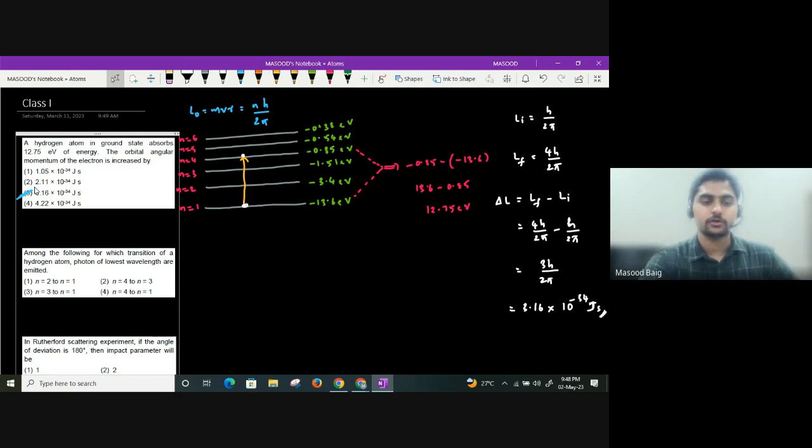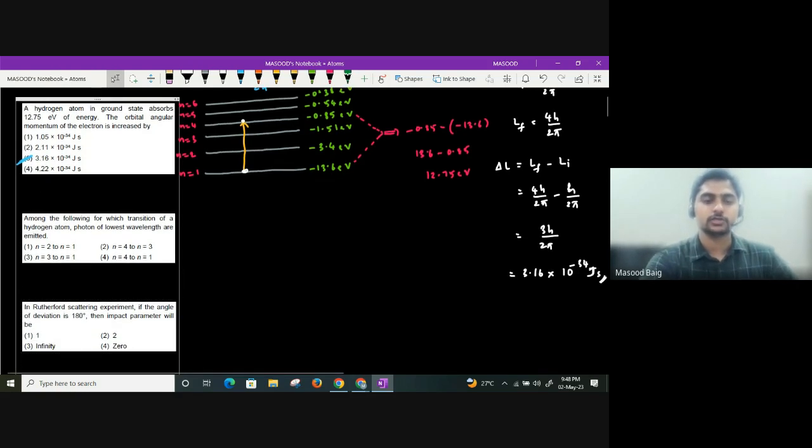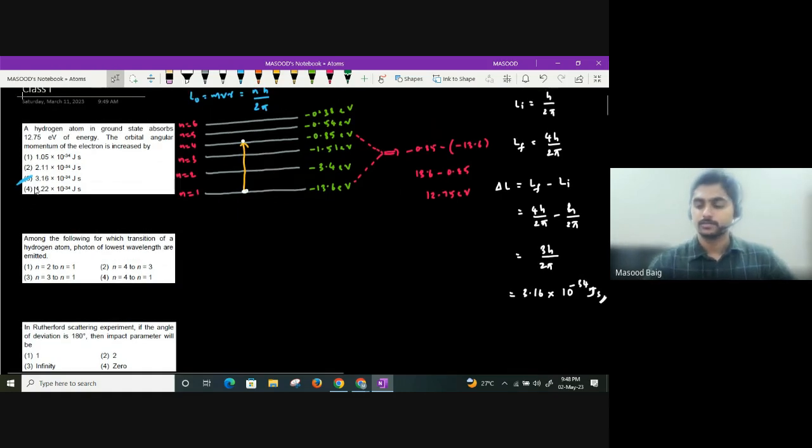For which transition of hydrogen atom is the photon of lowest wavelength emitted, guys? Always remember, whenever an electron makes a transition from one energy level to another energy level, either it will absorb energy or it will emit energy. The energy absorbed or emitted will always be equal to the difference in the energies of the energy levels, guys.